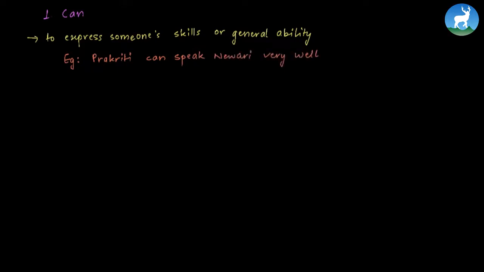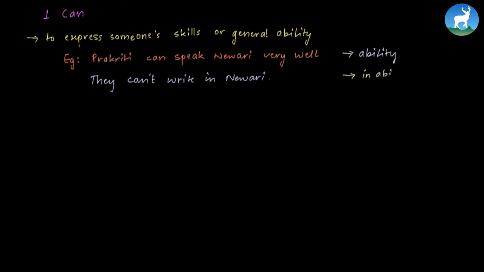Another example can be, they can't write in Newari. Notice that the topic is expressing inability and ability. So here we are expressing the ability of Prakriti, who can speak Newari very well. Whereas in the second example, we are expressing the inability that they can't write in Newari.